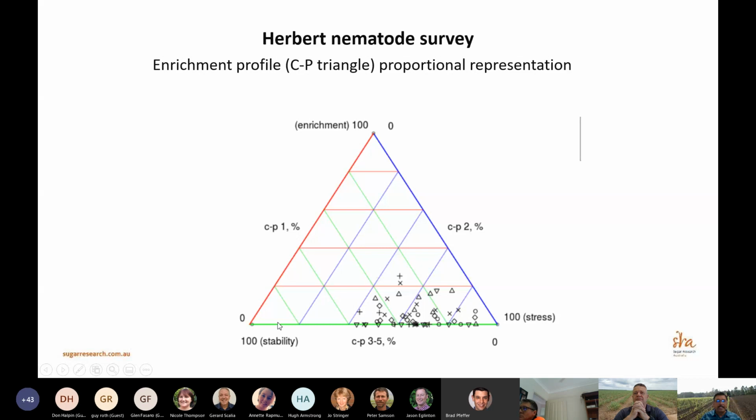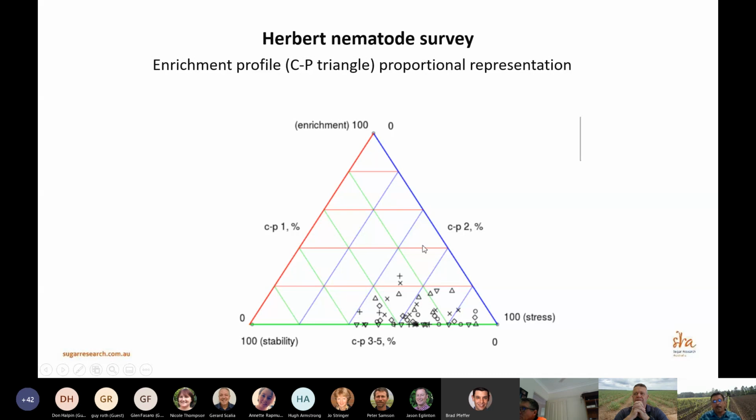But if you are in the left corner, the nematode population shows a stable situation. But in our result, most of the samples we collected from this field are in the stressed zone. So this can be used to monitor soil health, which is good, because the grower can say, okay, I'm here, how can I get over there, not to that side.